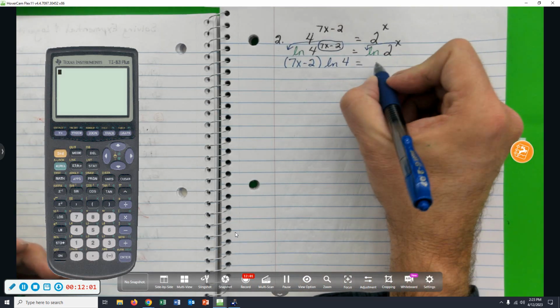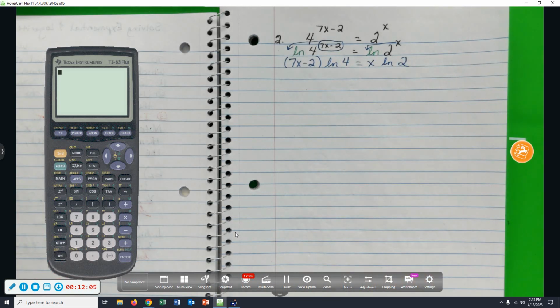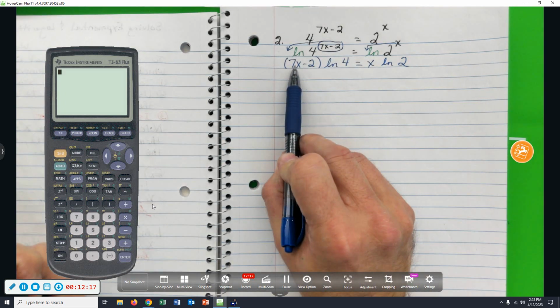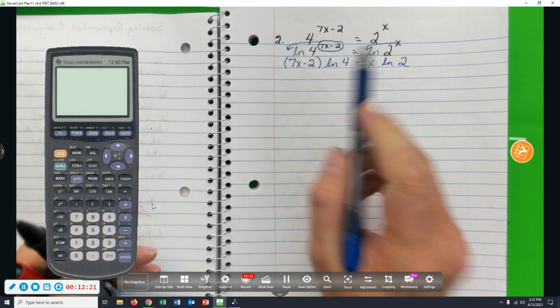Over here, you just carry the x down. So we carried the exponents down in front using that power rule.